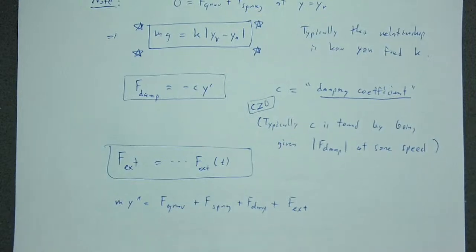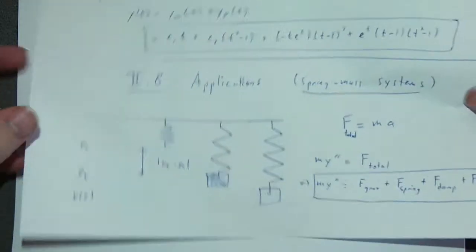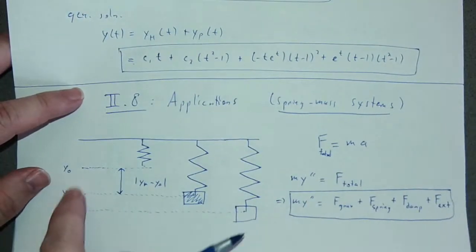So what do I get putting all these things together? What I'm looking for is the actual displacement. If I let h of t be the displacement, let's go back to my picture. This is y of t.